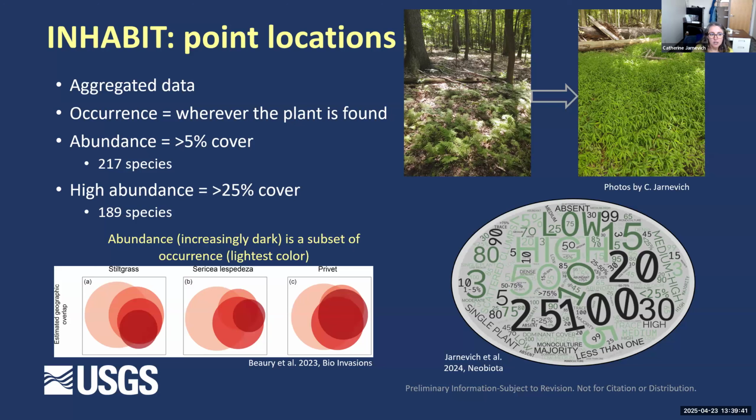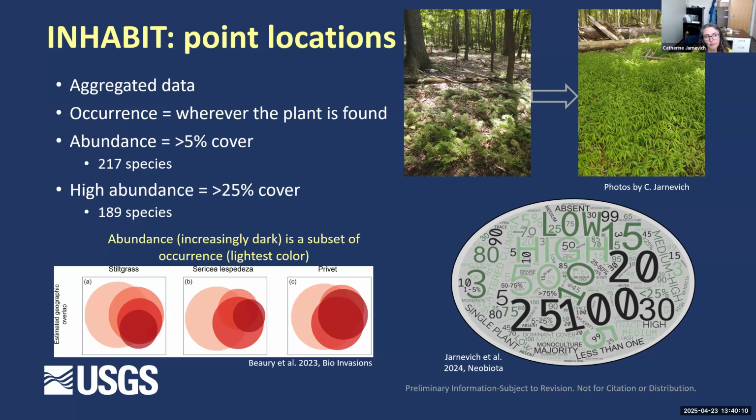That's where it's greater than 25% cover on the landscape. And so we could map all those different values from the word cloud into these different covers, and we could fit three different sets of models. One where the species occurs, one where a species occurs with an abundance of 5% cover or greater, and one where a species occurs with high abundance, so percent cover of greater than 25%.